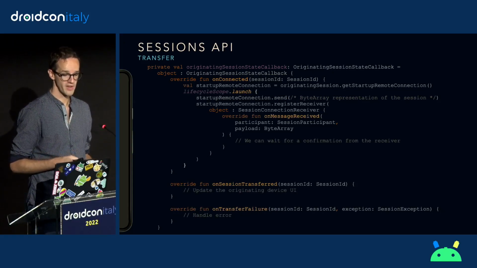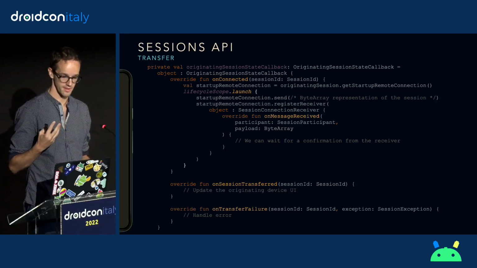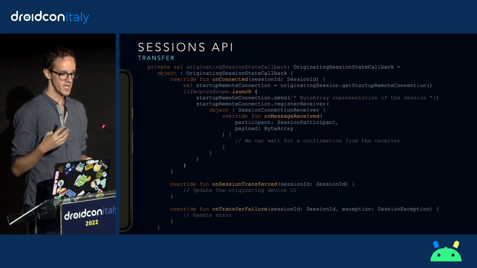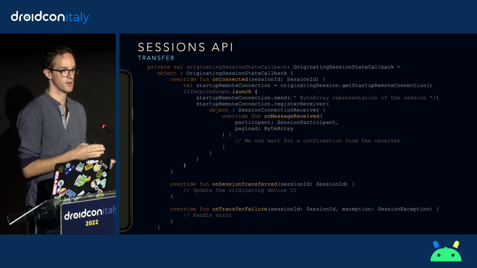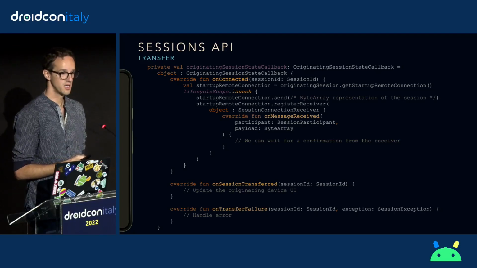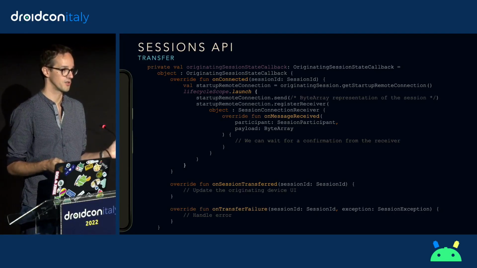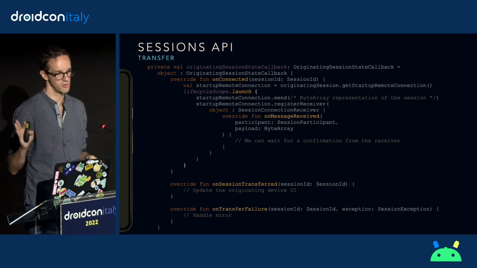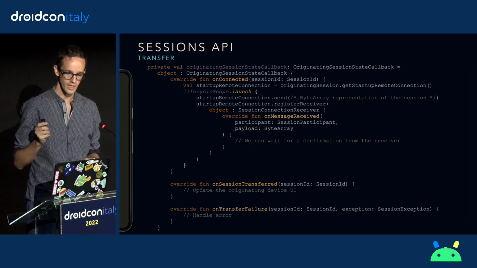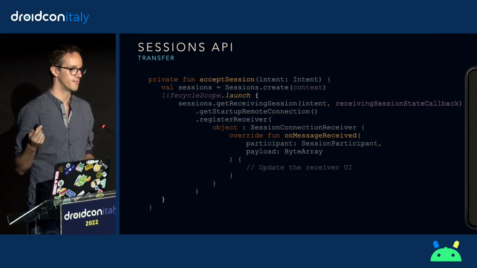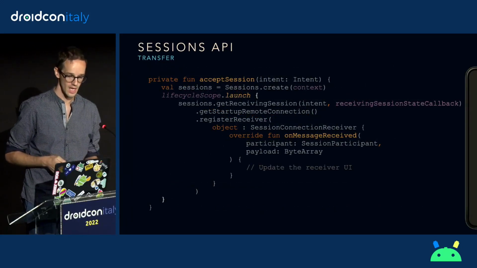Again, of course, once we have the remote connection, we can listen to any messages from the secondary device. We have a callback from the SDK if the session was transferred correctly or if there was an error. So at this point, we can also close the first application in the first device, and then the user can continue in the second one. In order to do so, of course, the application on the second one needs to accept it.